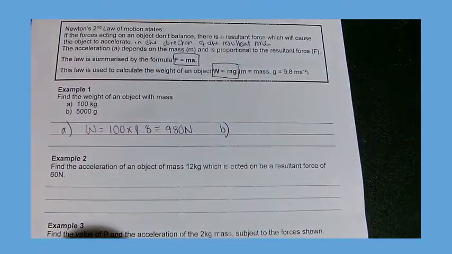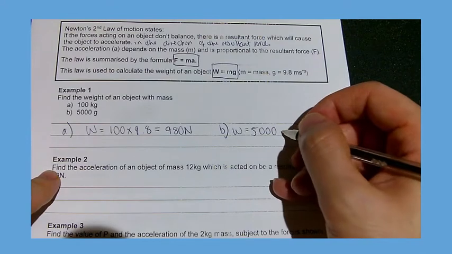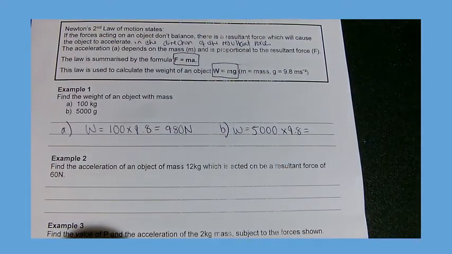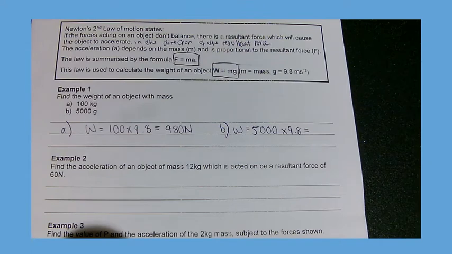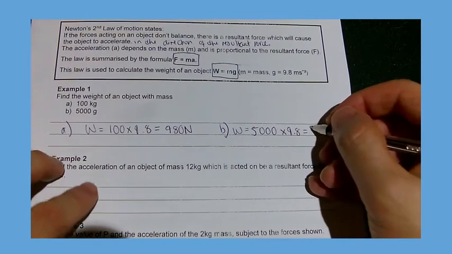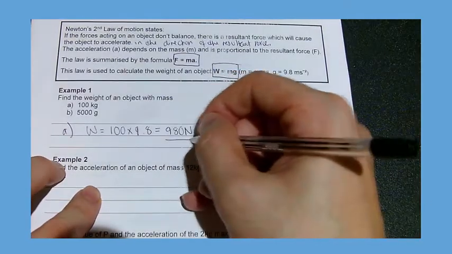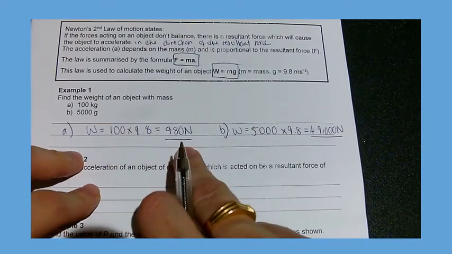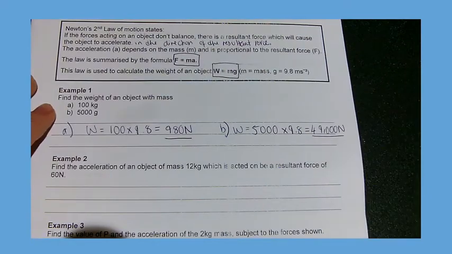Part B. The weight of this object will be 5,000 times 9.8, which will be 49,000 newtons. And when we look at forces, we need to convert the mass into weight first in order to look at forces in depth.